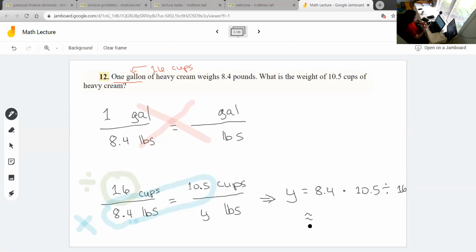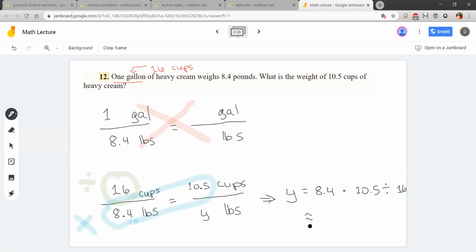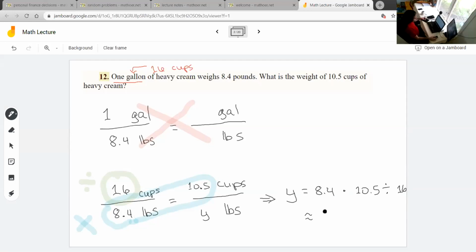Whatever that is. 5.5. So about 5.5 pounds.